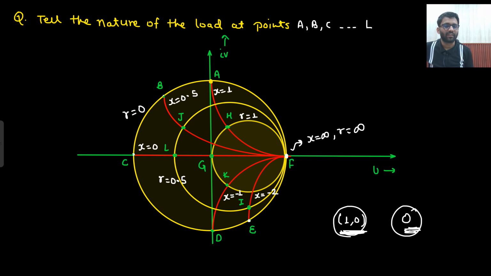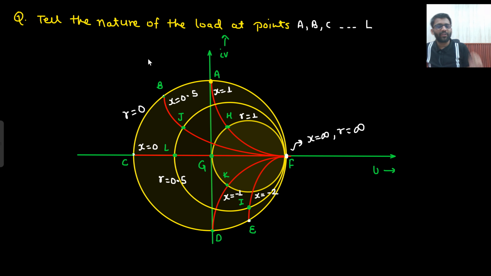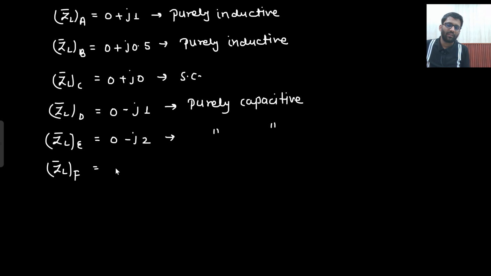That means open circuit. Are you getting this point? From this point all other circles originate, but the locus being cut means X equals infinity and R equals infinity. This was short circuit, this is open circuit, or you can say infinite impedance.